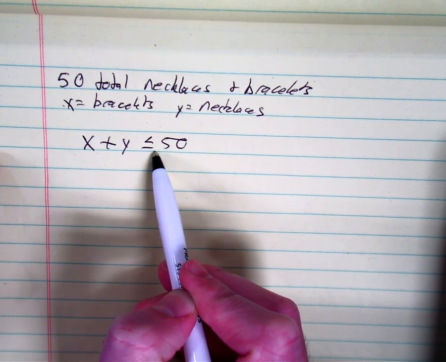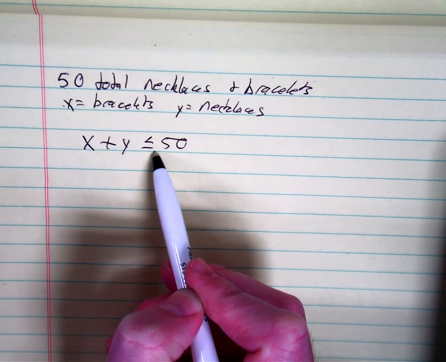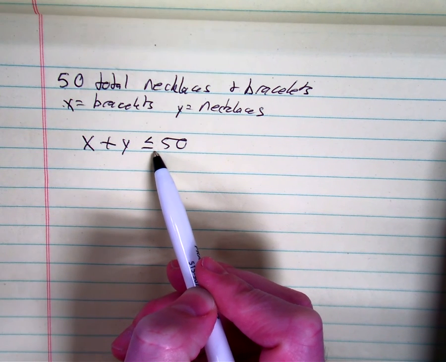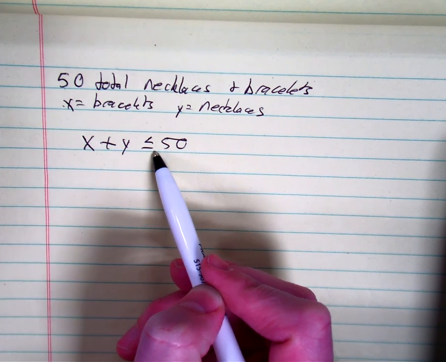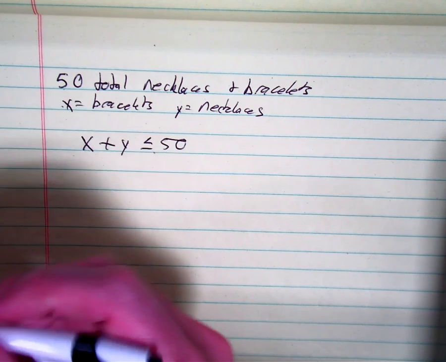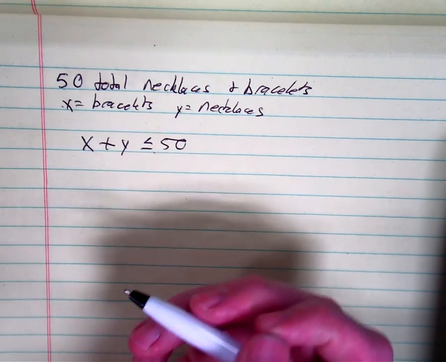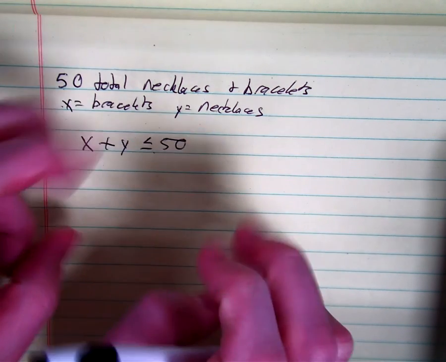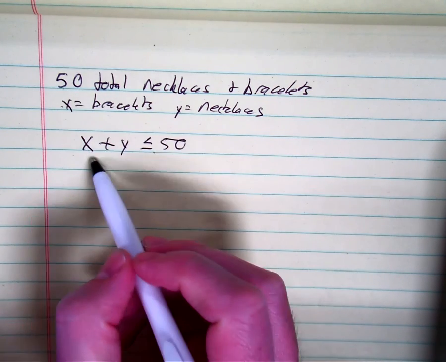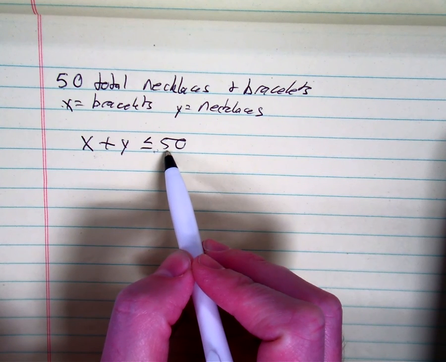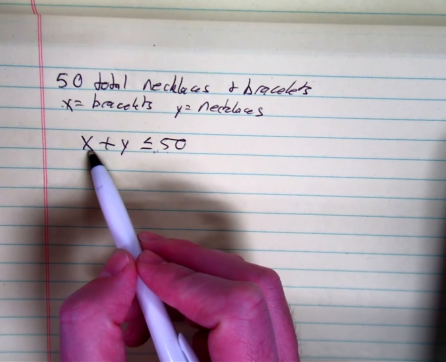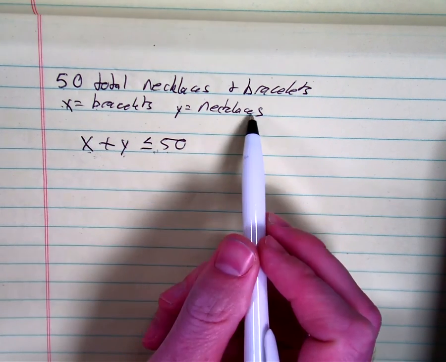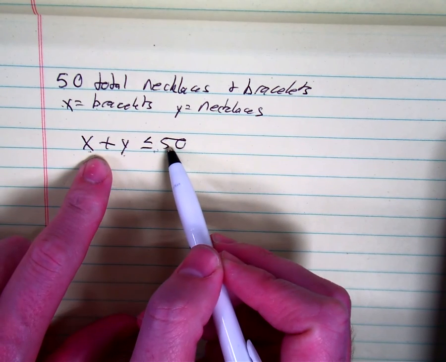That's going to be the book answer. What the book isn't going to mention this time, they might bring this back later, is that we sometimes need to take into consideration common sense or real world restrictions. x plus y less than or equal to 50. Can I make negative 25 bracelets and positive 75 necklaces? Because that would equal 50.